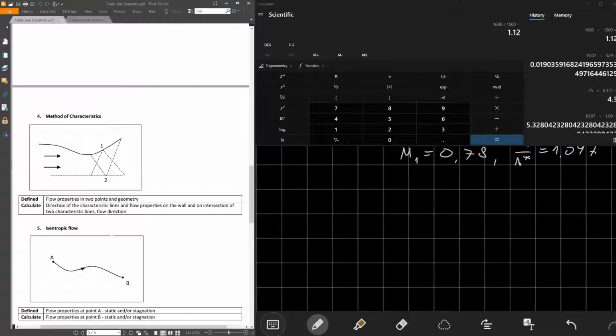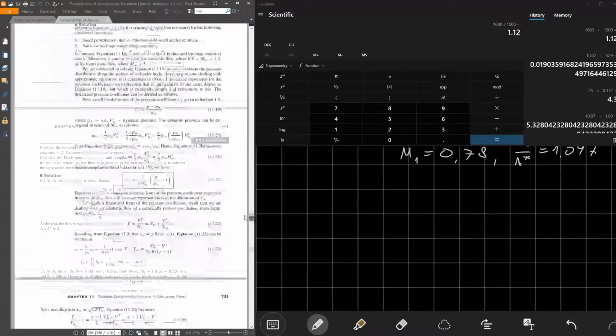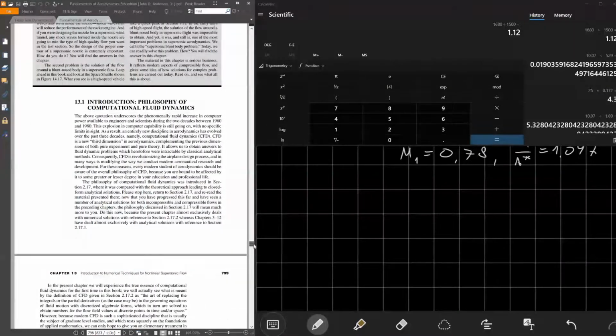When we know flow properties at two different points of our geometry, for example, we know what is point 1 and what is point 2, already calculated before, we need to understand what would be the flow properties at the intersection and what would be the flow properties on the wall or on the axis of the nozzle. The method of characteristics is explained quite well in the book for planar flows.